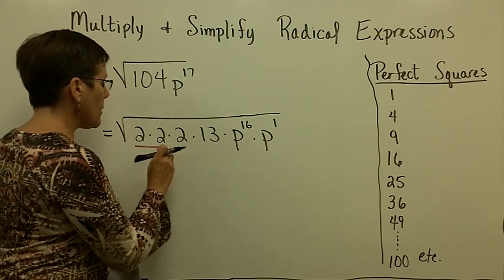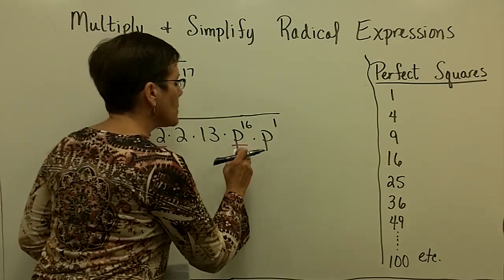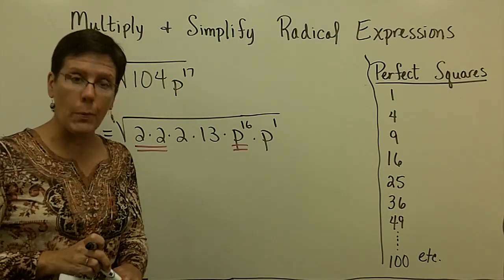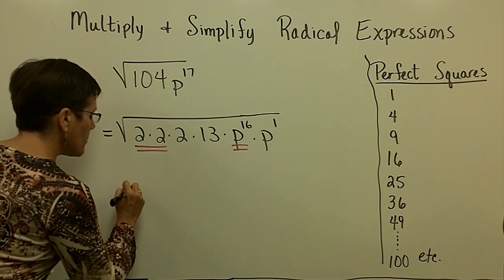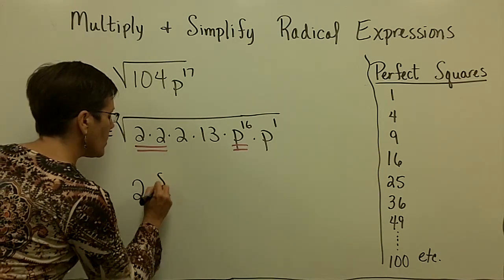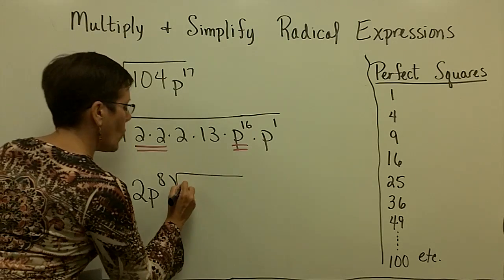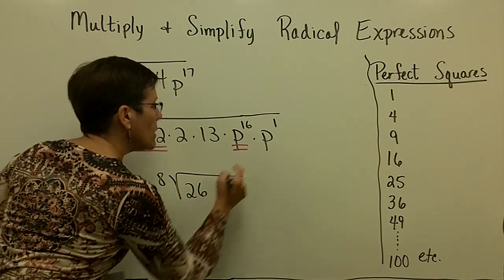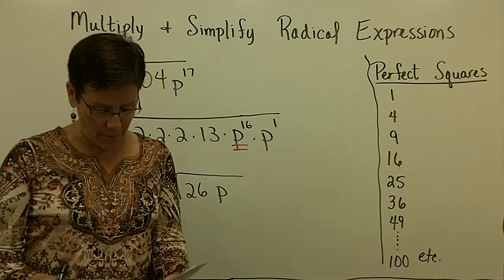So this pair could come out from under the radical. It's equal to 2. And this one could come out from underneath the radical. It's equal to p to the 8th power. So I have 2p to the 8th out from under the radical, and then 26p to the 1st stays under the radical because that cannot be simplified any further.